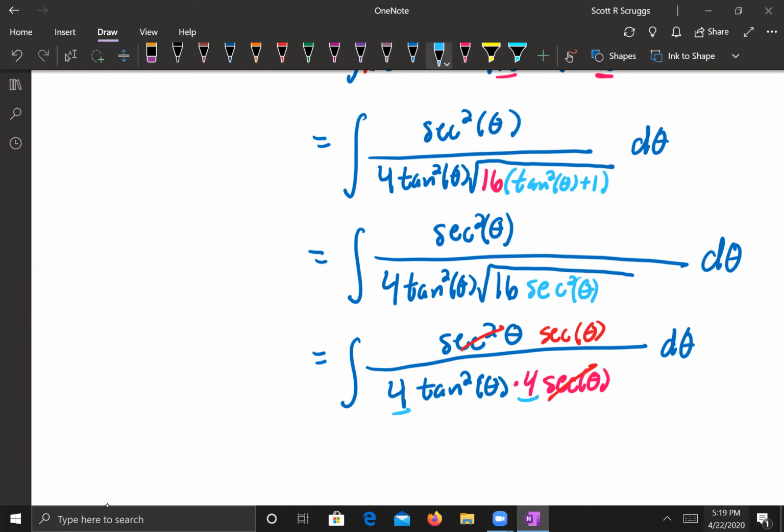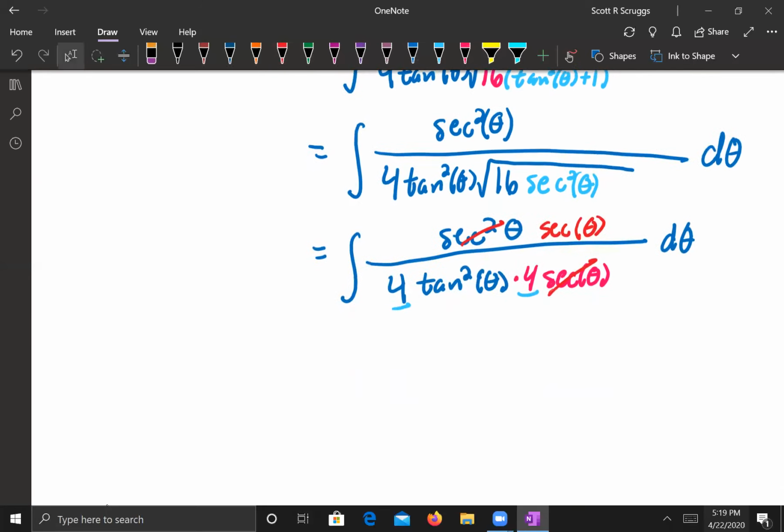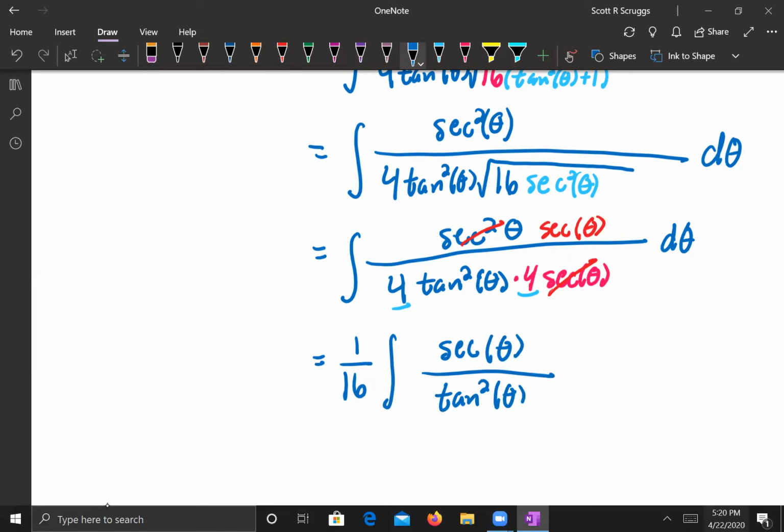I have two 4's being multiplied together, so that's going to give me 16. Because that is a constant inside of my integral, I can take it outside of the integral. And because 16 is in the denominator, I will take outside of the integral 1 over 16. And I've left inside the integral a secant of theta times a tangent squared of theta d theta.